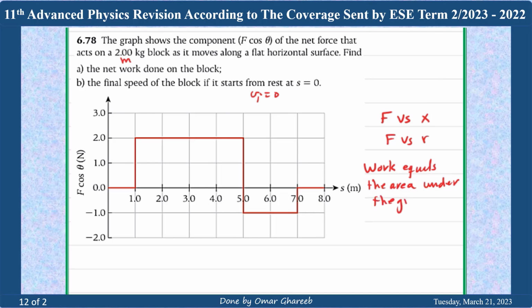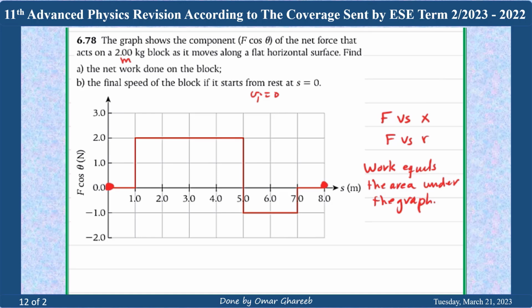That's it. The only thing that you need is to know how much work is needed, and over which displacement. The question asks me to find the net work done on the block, so it's from the start position here to the final one at 8.